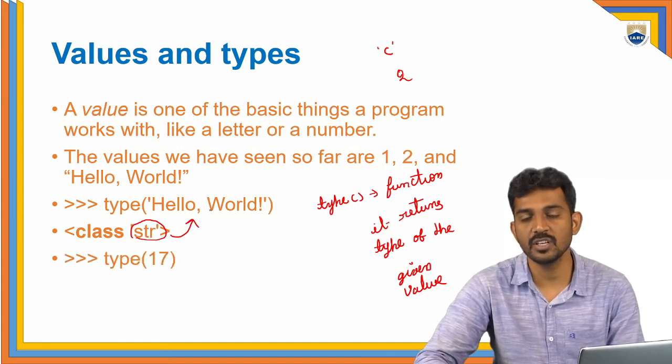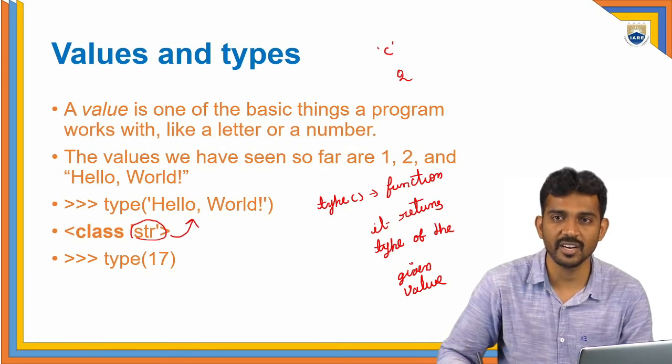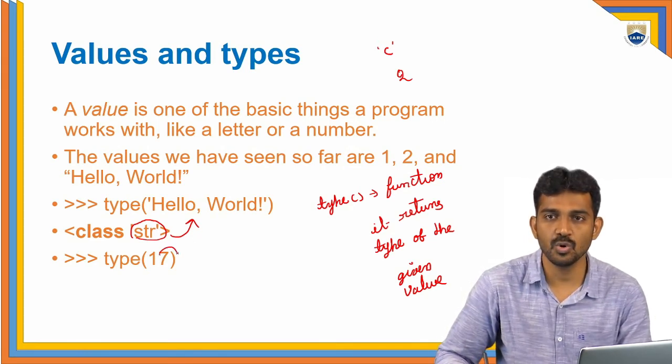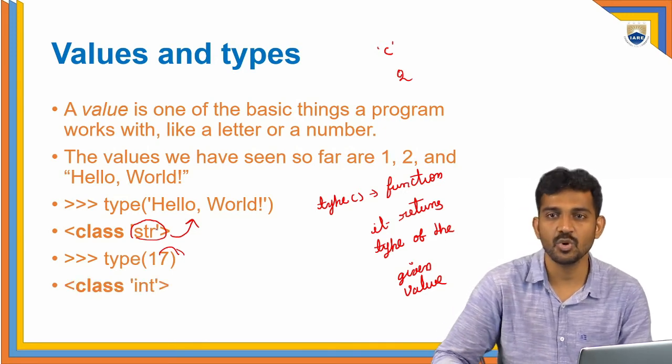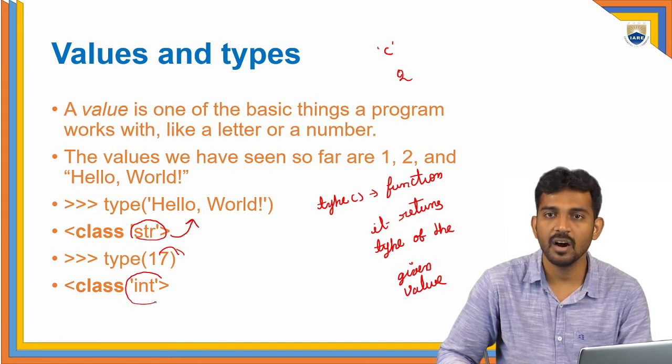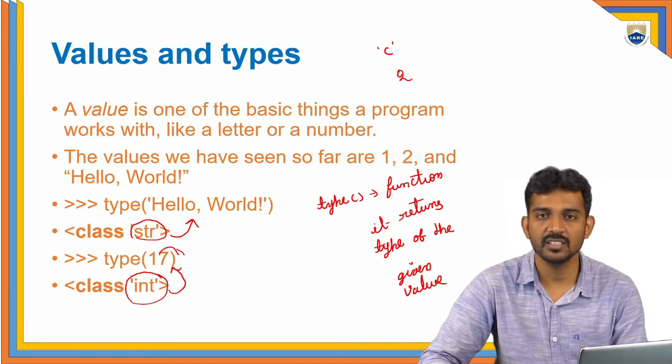For example, if you see type of 17, you know very well 17 is an integer, right? So this type will return class int. The given value is integer type. That is why it returns int, right?